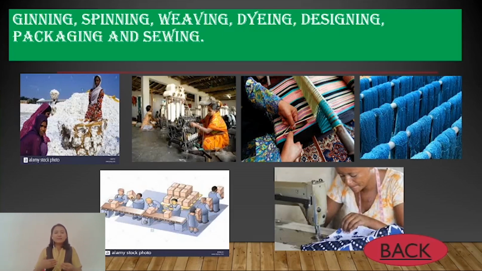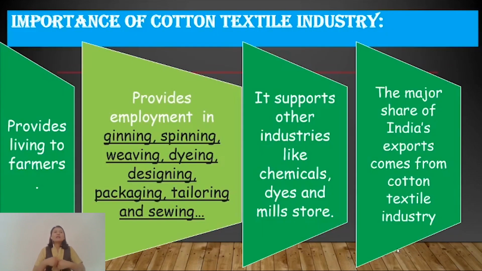And designing, making the designing of clothes. And then packaging. Once the clothes are produced, then these are packed. And sewing. So, cotton textile industry provide large number of jobs to a large number of people in a different activity.